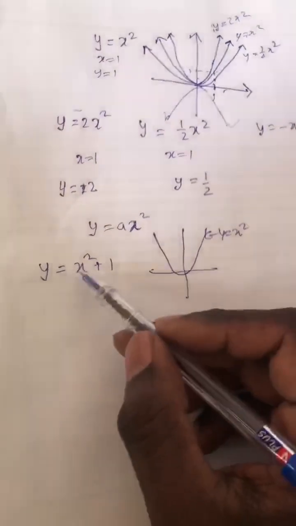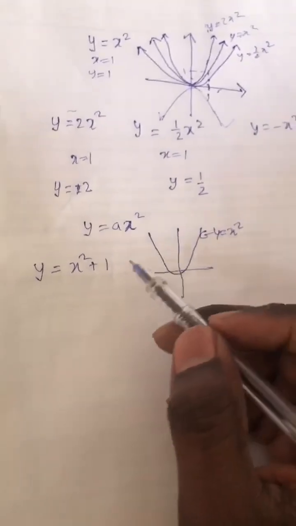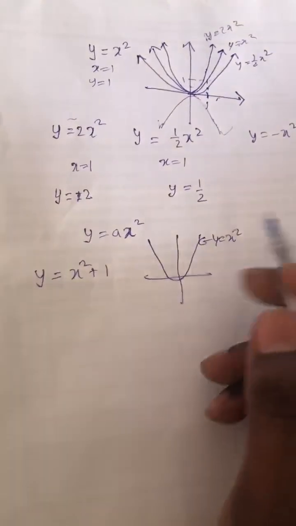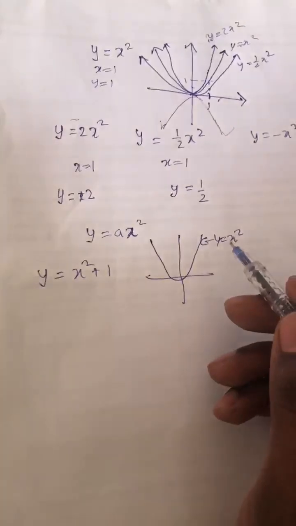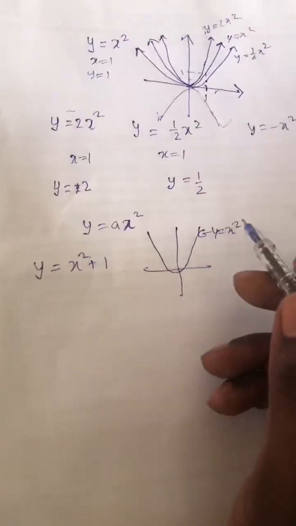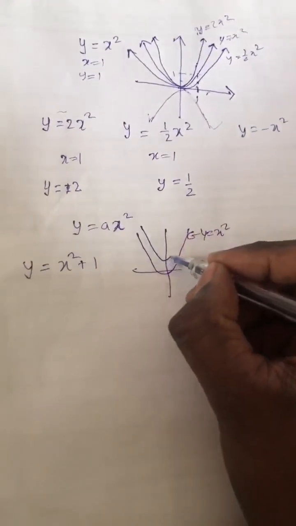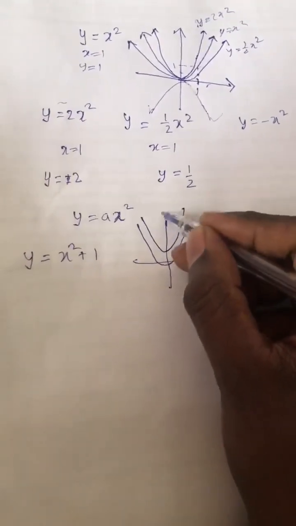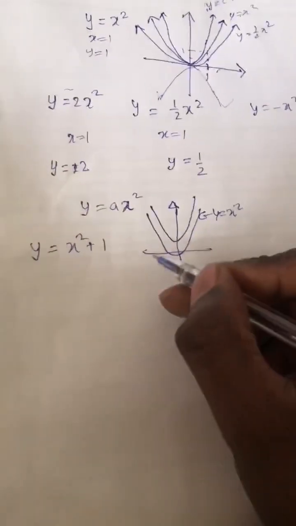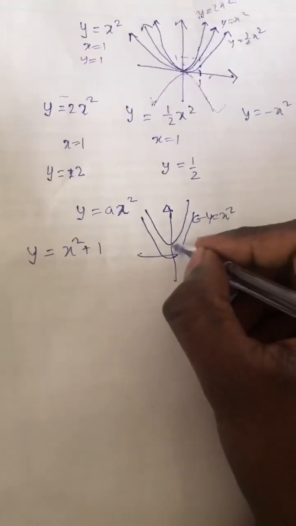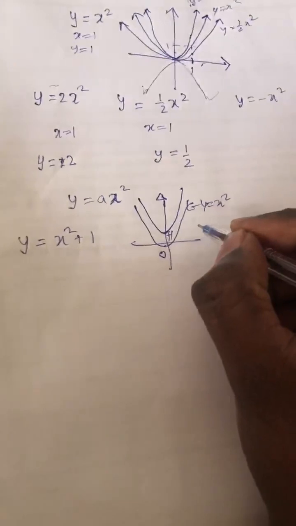That means whatever value we substitute for x, the answer of y is one step ahead. That means y equals x squared plus 1 is shifting upwards because of plus 1. This is 0, this is plus 1.